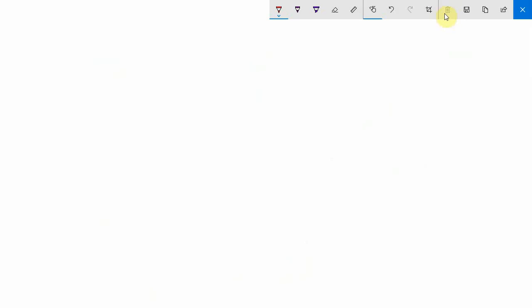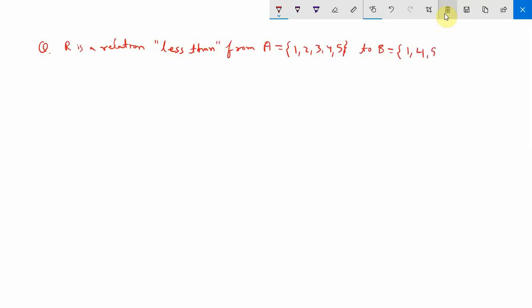Okay, friends. So let me clean this. So we will solve a problem on the inverse. Please write down. If R is a relation defined by less than from set A, given as {1, 2, 3, 4, 5}, to set B, defined as {1, 4, 5}.